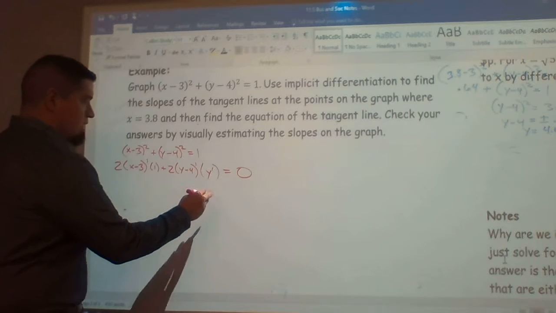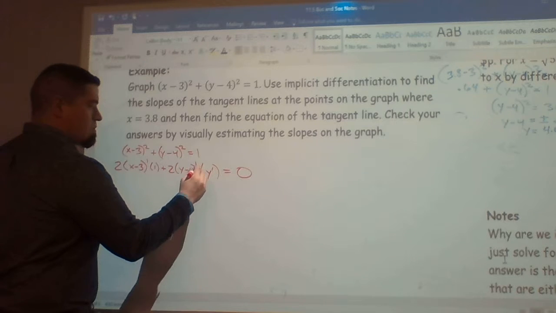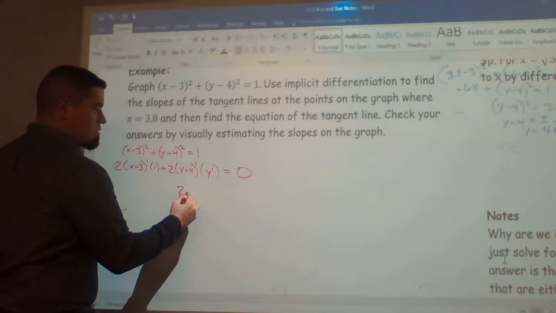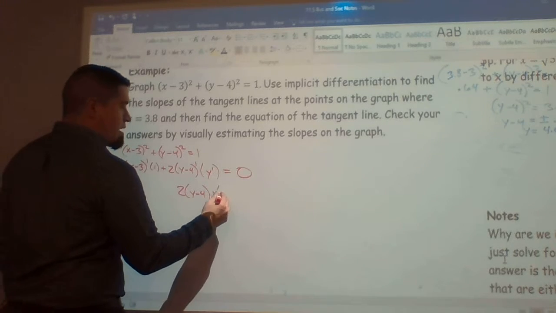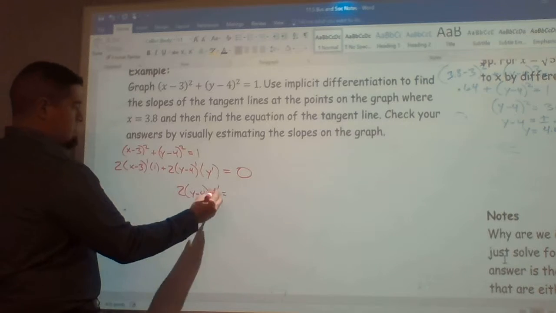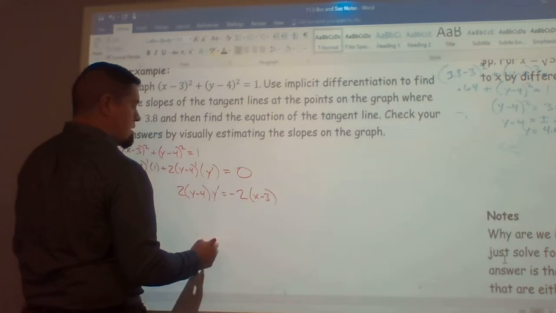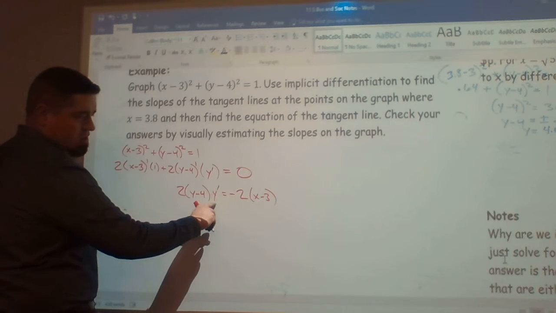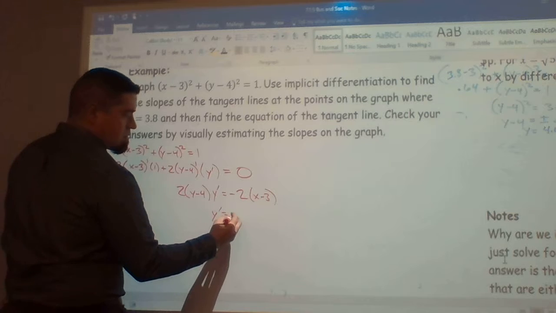We're going to get y prime by itself and take everything else to the other side. This is the 1. So I'm going to get 2 times y minus 4 times y prime equals 2 times x minus 3, moved over, so that's going to be minus 2 times x minus 3. Then we divide, because we want to solve for y prime, by 2 times y minus 4.